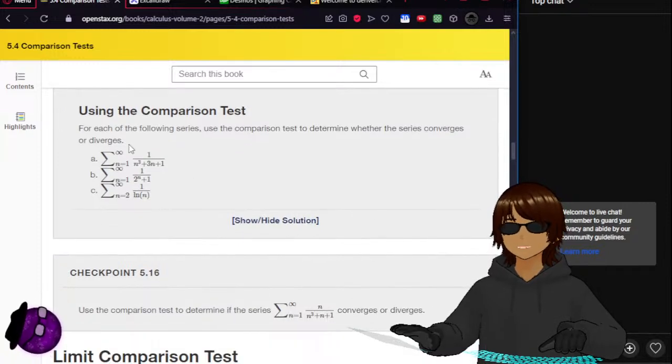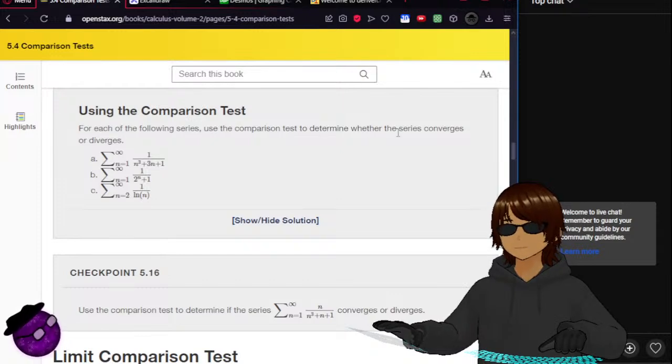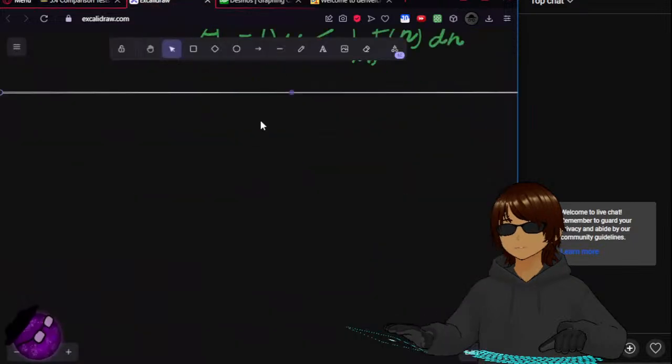For each of the following series, use the comparison test to determine whether the series converges or diverges. Okay, let's try 1 over n cubed plus 3n plus 1.